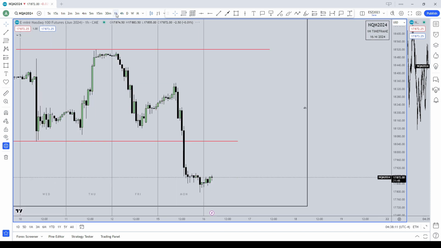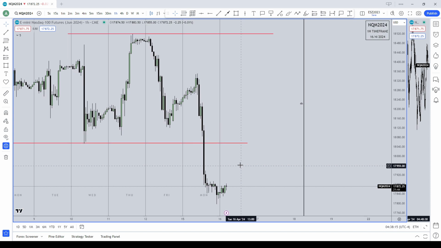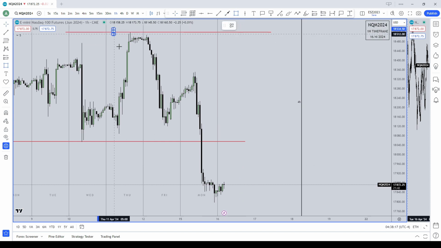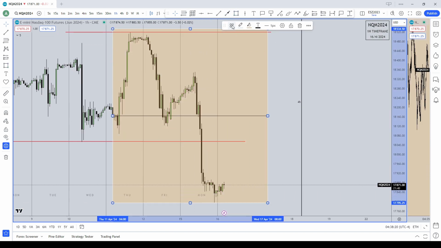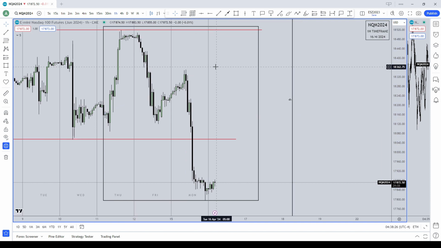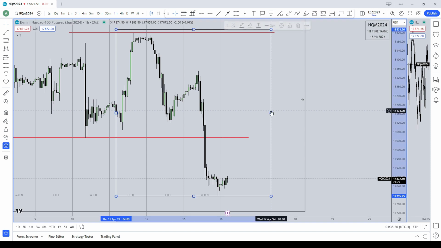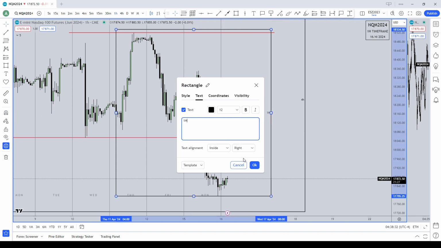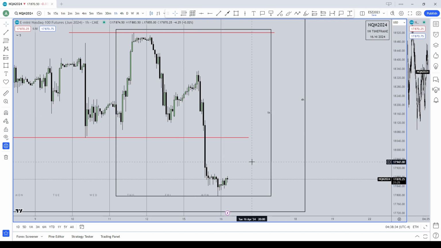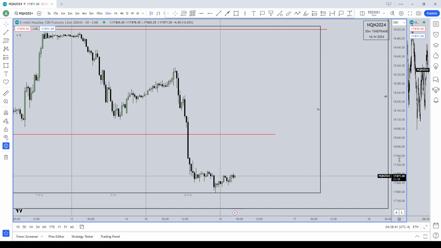Okay, 1 hour. On 1 hour, I will change it. We are still in the downtrend. Go to 30 minute.